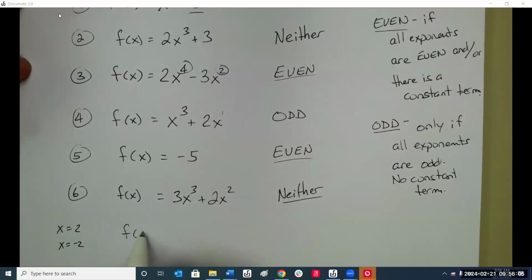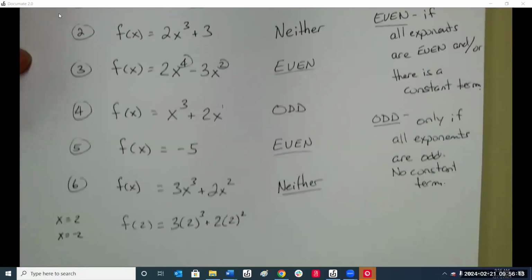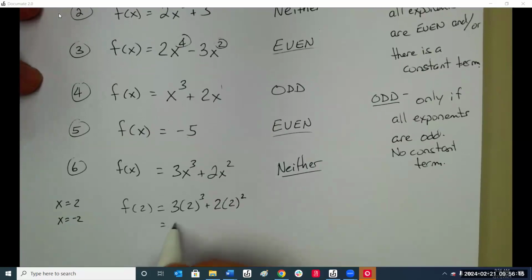So we have 3 times 2 to the third, plus 2 times 2 squared. 2 to the third is 8. 2 squared is 4. 3 times 8 is 24.